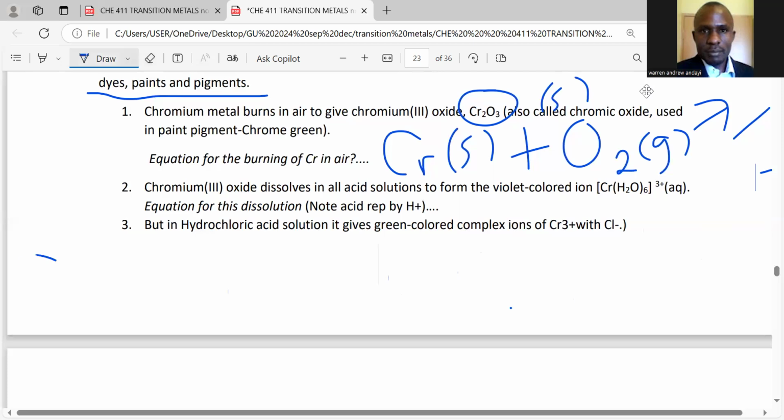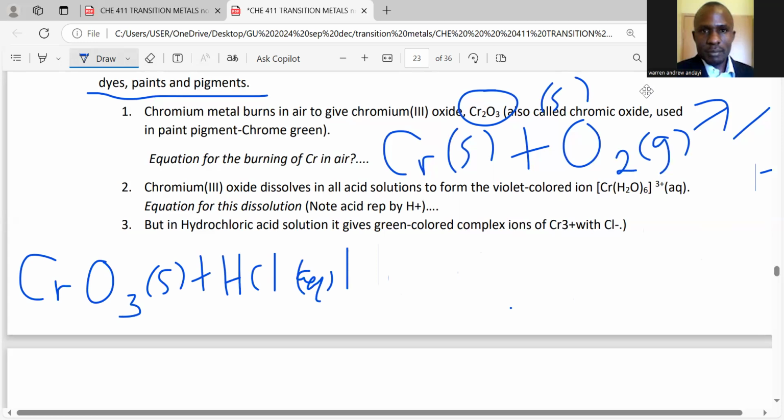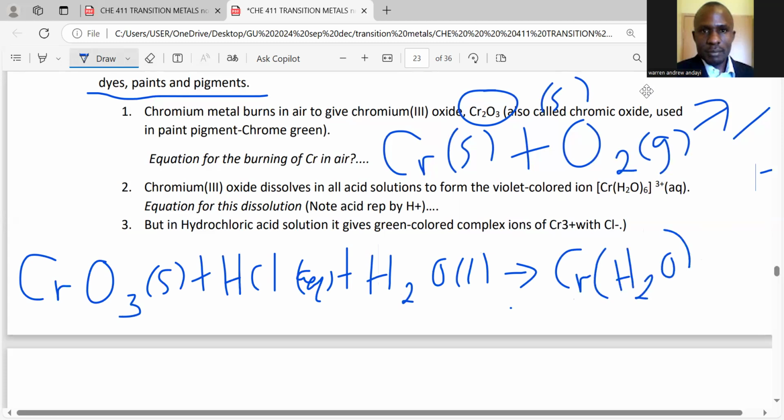So it is chromium oxide plus HCl aqueous plus water liquid to give us chromium hexaaqua 3 plus aqueous, plus what else?